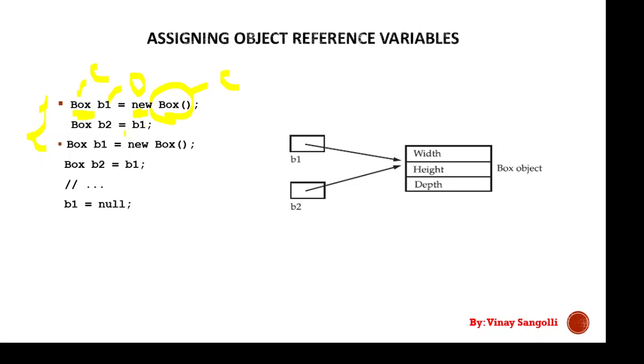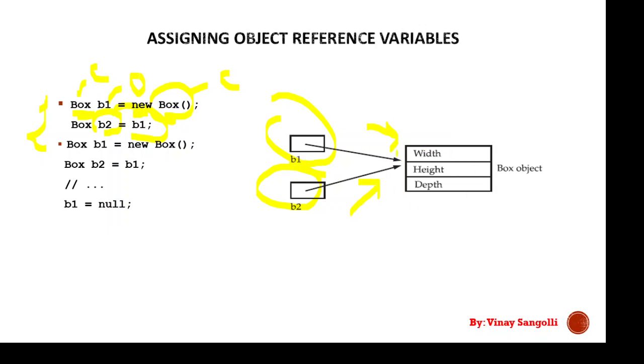Next, please observe here. We have assigned b2 to b1. That means both b2 and b1 are pointing towards the same object. b2 is referring to the same object as b1.